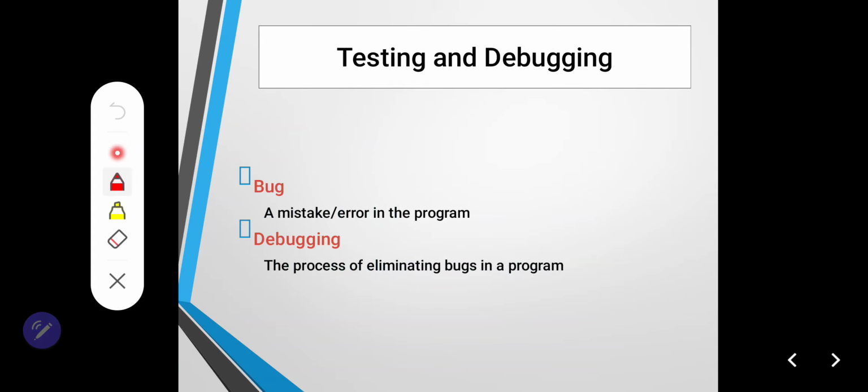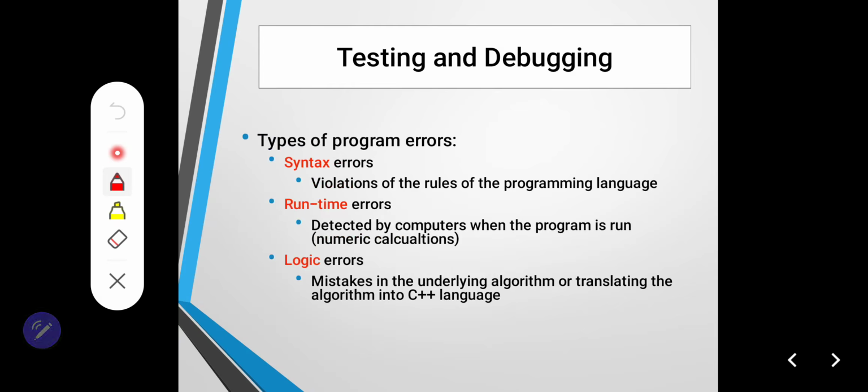Testing and debugging. A bug is a mistake or error in the program, and debugging is the process of eliminating bugs in a program. Types of program errors: syntax errors, runtime errors, and logic errors.